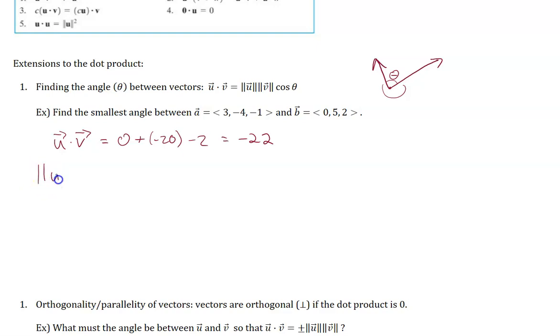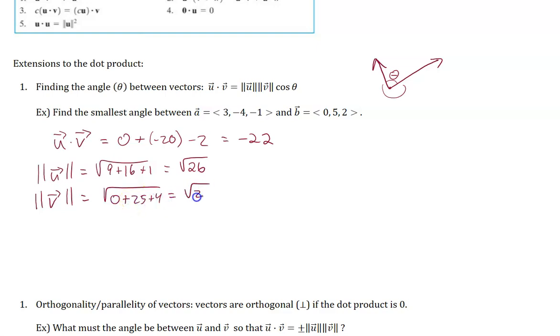And then the magnitude of u is going to be the square root of 3 squared plus 4 squared plus 1 squared, so root 26. Sorry, root 26. Okay, and then the magnitude of v is root 0 plus 25 plus 4, so root 29.